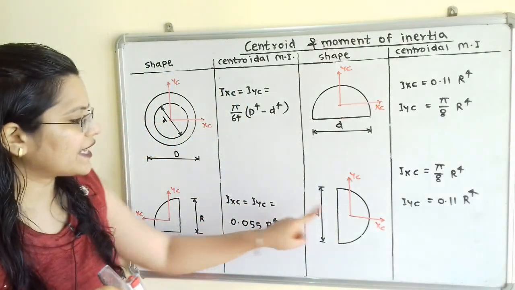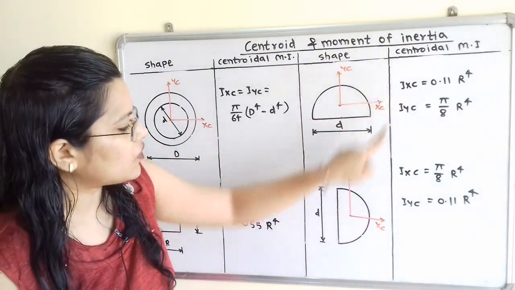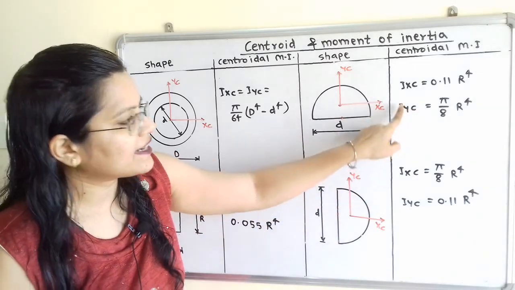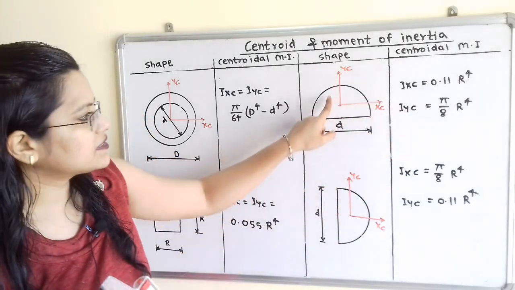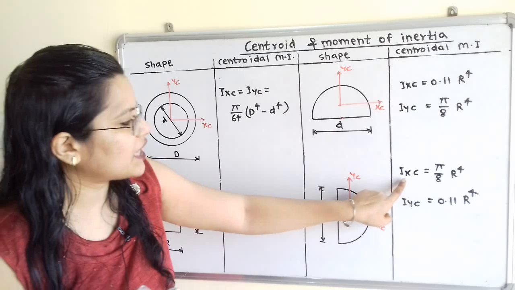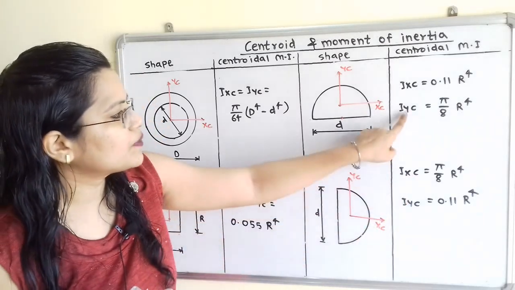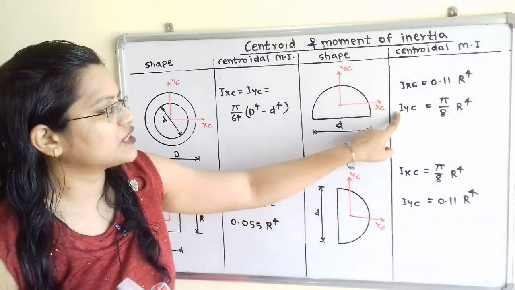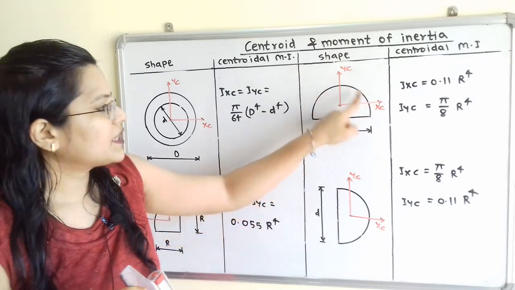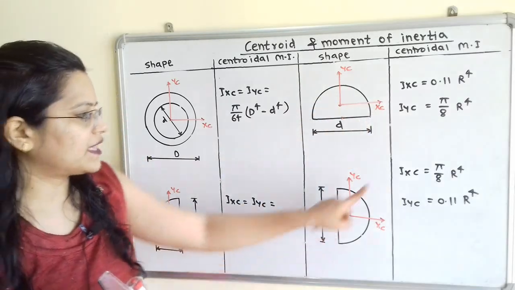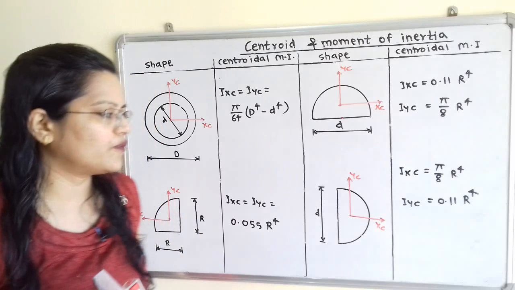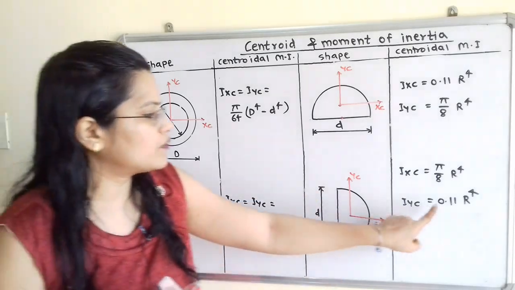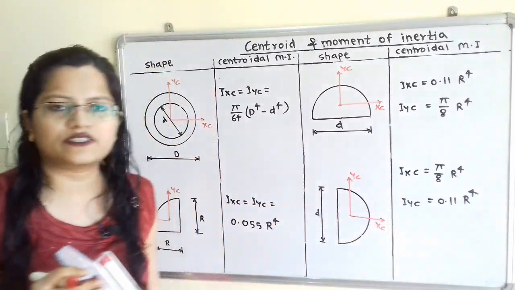Now we have to take the moment of inertia along Xc exactly opposite to this, that is moment of inertia Ixc is equal to, we have to take the moment of inertia Iyc for this semicircle with horizontal base, that is pi by 8 r raised to 4, and Iyc is equal to 0.11 r raised to 4.